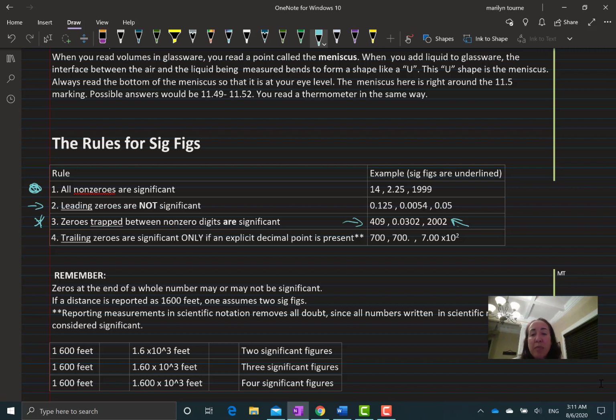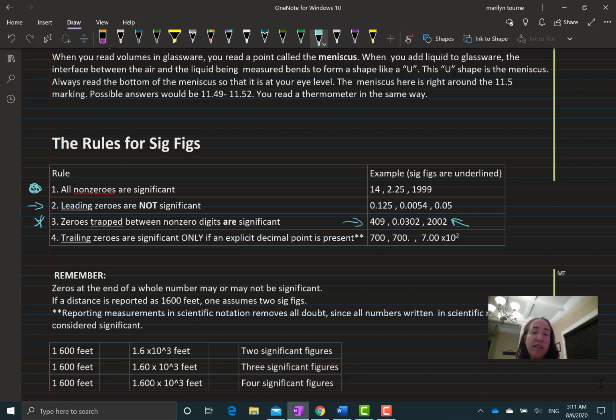So for some examples that I can give you are 0.125. That number would have how many sig figs? I hope you said 3, because it is correct. It has the 0 at the beginning, which does not count because it's leading. It's before the first non-zero digit, which is the number 1.